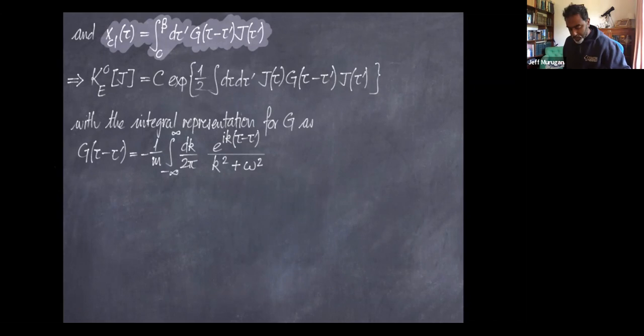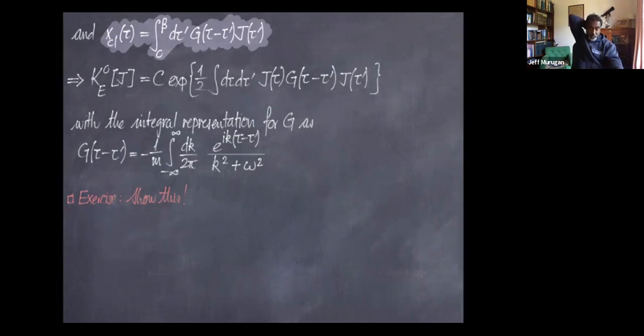But a very worthwhile exercise for you to do is to show this. Again, what you need to do is, we were doing integrals from 0 to beta. You need to symmetrize that interval and integrate from minus beta over 2 to beta over 2.